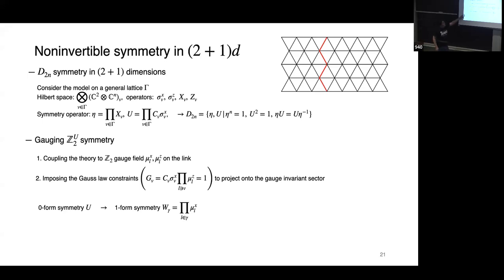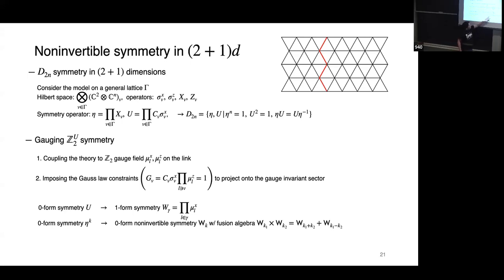For example, when we gauge the zero-form symmetry, we will get a dual one-form symmetry operator, which is the product of the Z2 gauge field along the loop. And our zero-form Zn symmetry will become a zero-form non-invertible symmetry with a fusion algebra like the cosine fusion rules, but they are kind of discrete.